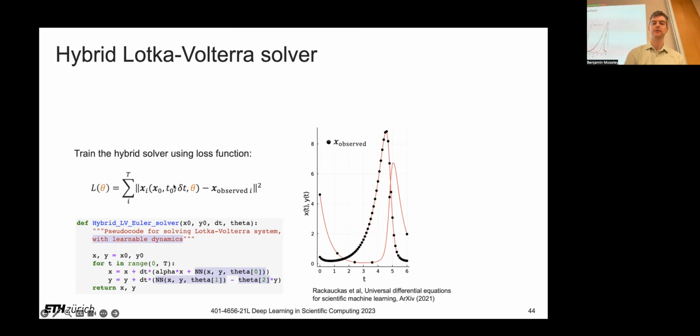And then we just match that prediction to the observed values of the solution. So let's say that we have these black data points here, and we're going to try and learn theta so that the solution of the differential equation matches those observed data points. So this is a hybrid workflow. It's much simpler than the inverse workflow that we were talking about before, but still it's the same idea.